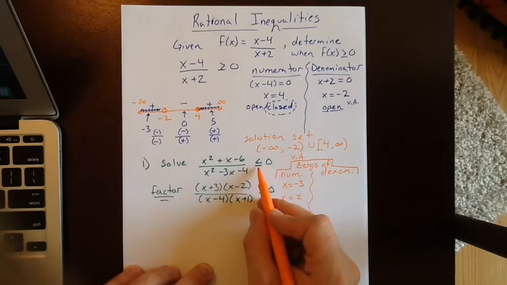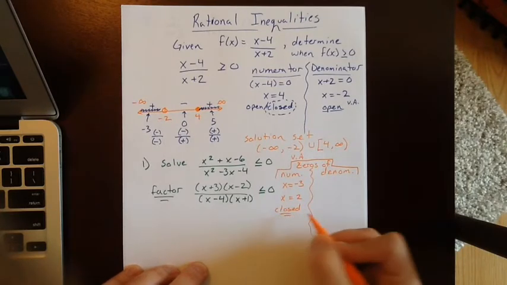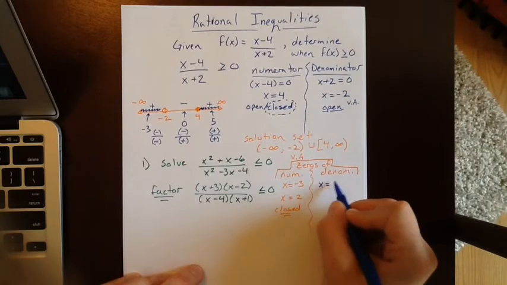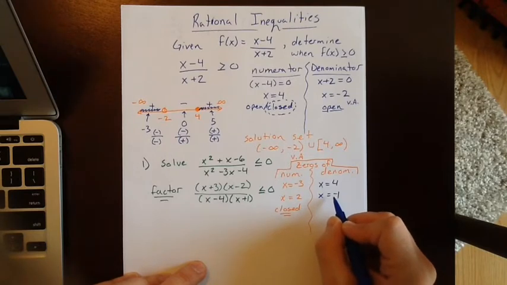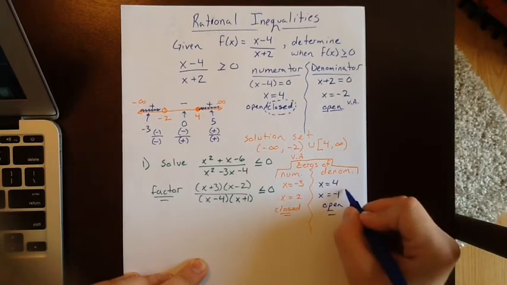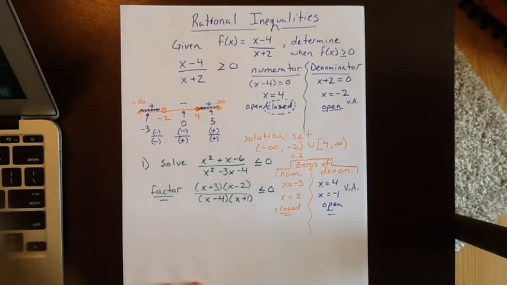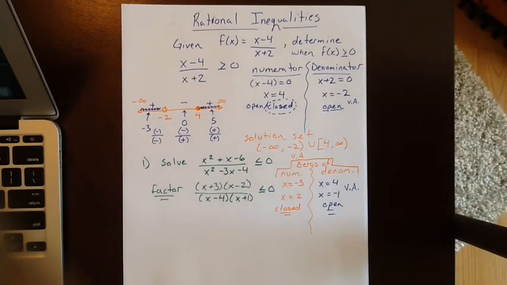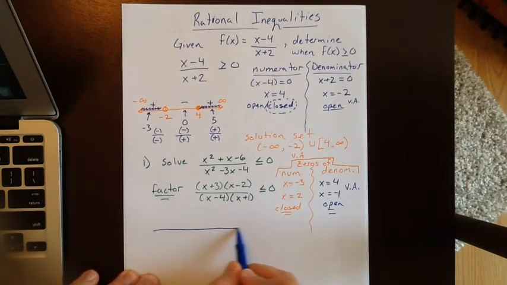Looking at our symbol, both of these would be closed. Now our denominator: we would have zeros of positive 4 and negative 1. Again, coming from the denominator, these must be open because both of these values are the locations of vertical asymptotes on our graph. So just like our initial example, having 4 zeros, let's run our interval test.